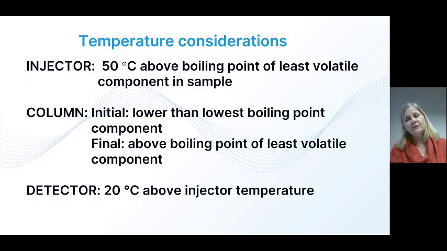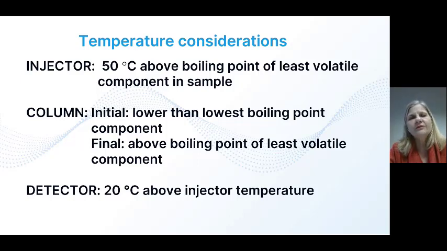So now we have chosen our column, and we have to determine the conditions to separate our compounds. Number one, your injector port must be 50 degrees higher than the boiling point of your least volatile compound. So it must be 50 degrees higher than the highest boiling point compound. Now, I know that when you do a separation or extraction, you're not sure about the temperature of your highest boiling point compound.